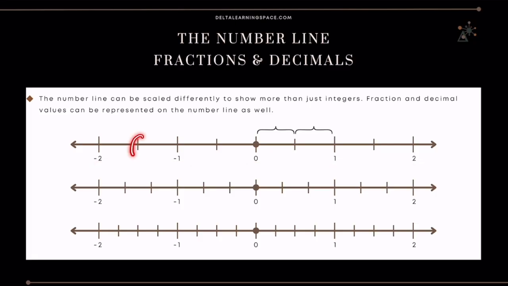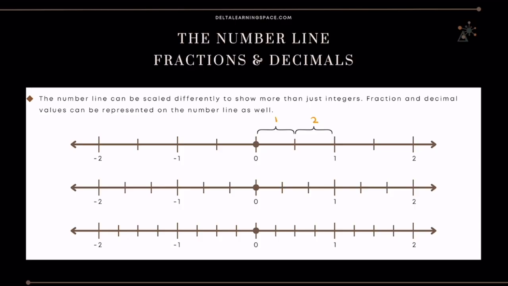But there are also tick marks in between. Values on a number line should always be evenly spaced, so here we need to count the number of spaces in between 0 and 1 to help us determine the scale. Here we have 1, 2 spaces that get us from 0 to 1.